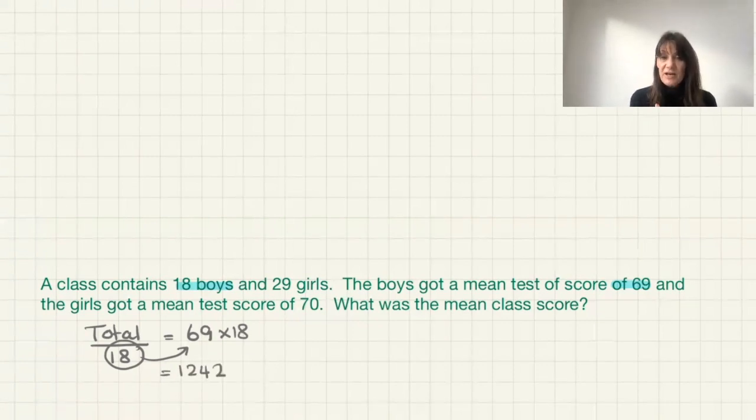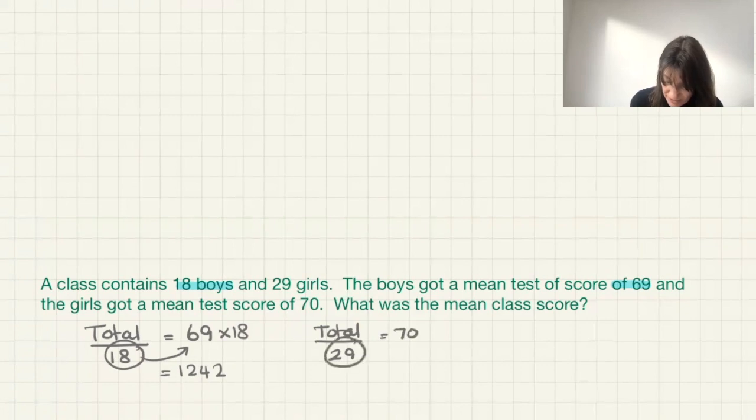Now, again, I don't know the 18 individual numbers that the boys scored, but I do know the total of those 18 numbers, and that is your 1,242. So I repeat this with the girls. So the girls had a total that when it got divided by 29, it equaled 70.